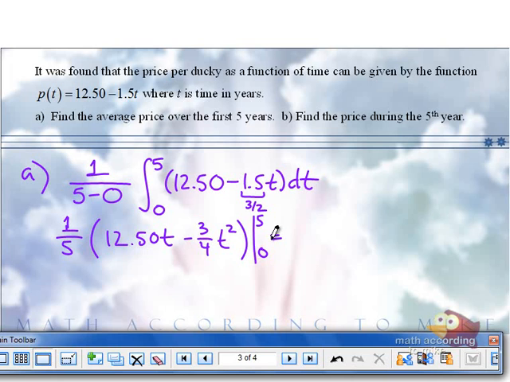When we plug in 0, we're going to get 0. So what is the average price over the first 5 years?